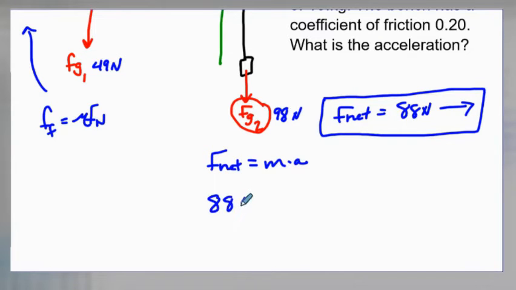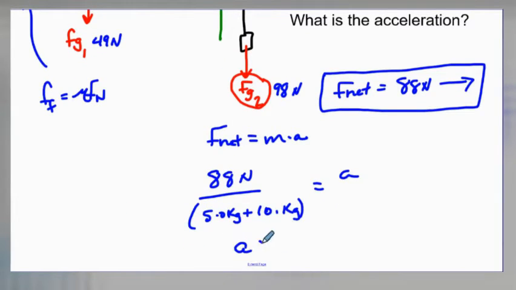So we have 88 newtons divided by the two masses added together. The first one was 5 kilograms, and the second was 10 kilograms, so that gives us 15 kilograms.